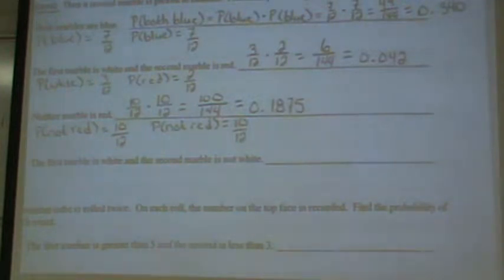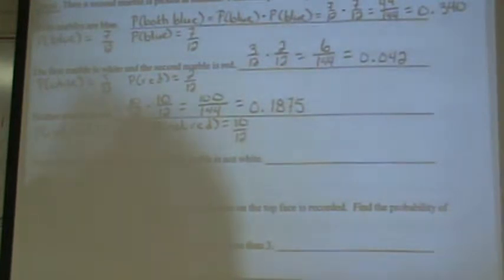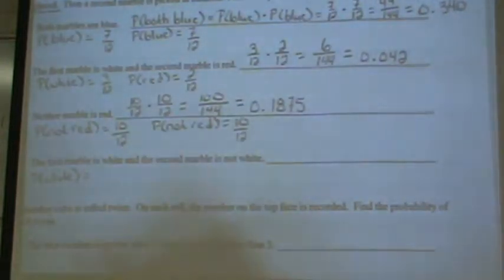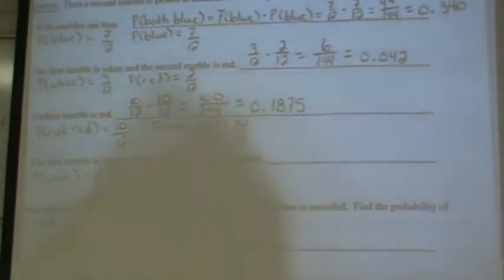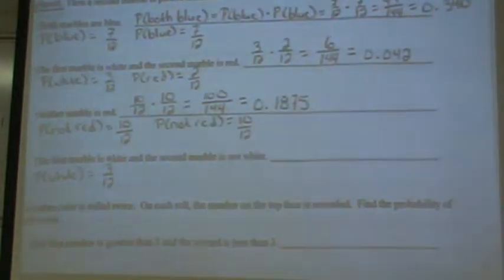And then number 8. Number 8 wants the probability that the first marble is white and the second marble is not white. So we need to find the probability that the first one is white, so probability of getting a white marble. So we had 3 white marbles, so there's 3 out of 12 for our probability of getting a white marble.